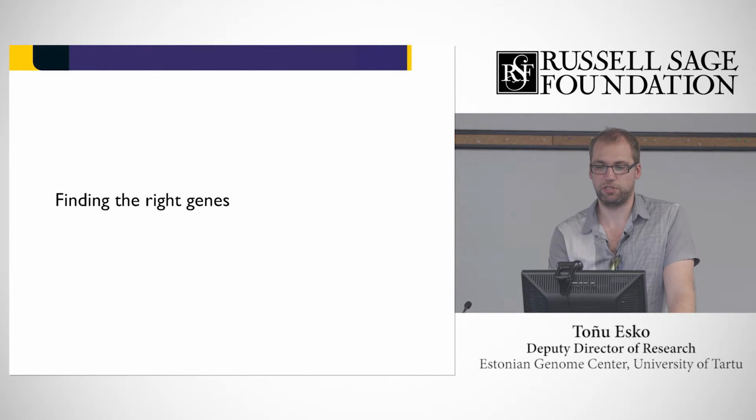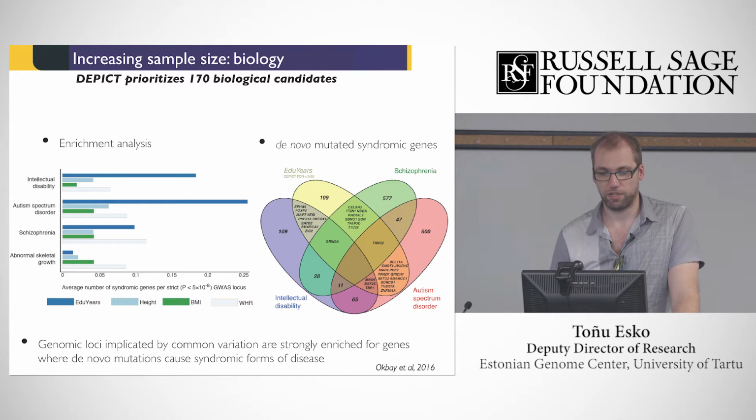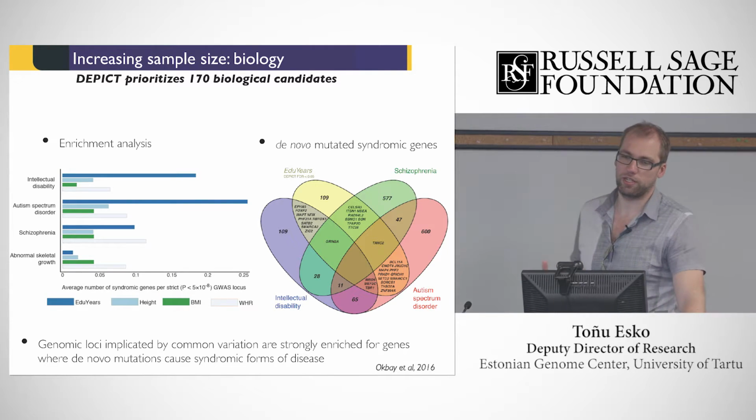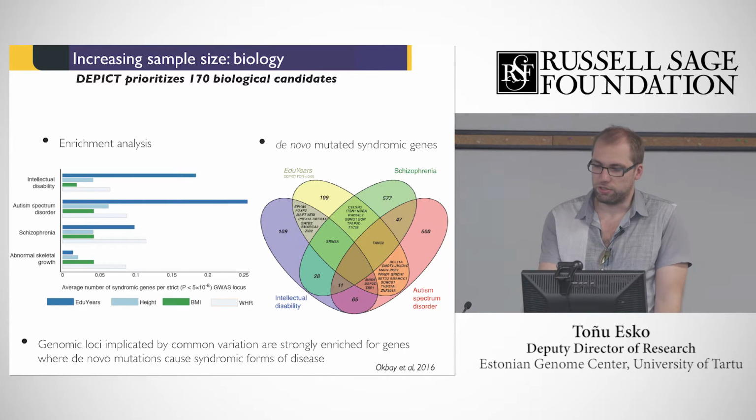So finding the right genes, I already talked about using the gene expression or eQTLs or the non-synonymous variants, but there are some other tricks as well. One of the tricks is actually looking for known biology or known associations.